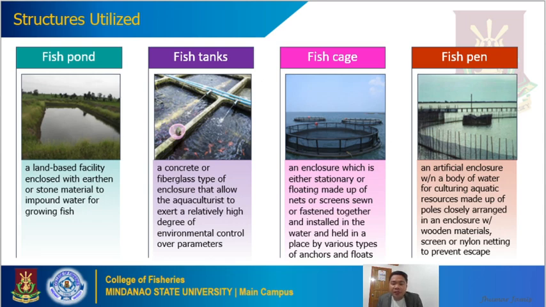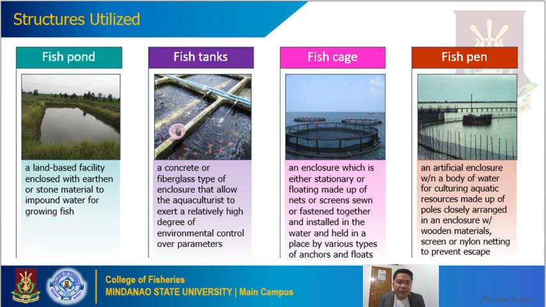The fish pen will just not have the netting bottom. It does just utilize the seafloor or the coastal flooring, and the ones that are being used for an enclosure are just the nettings and poles to enclose the aquaculture commodity that is being cultivated.